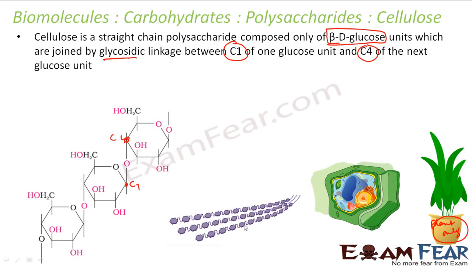As I told, they are the major constituents of the cell wall of plant cells. This is my plant cell, and the cell wall is made up of cellulose. In cotton we have 90% cellulose, in wood 40 to 50%. It is also used to prepare paper.